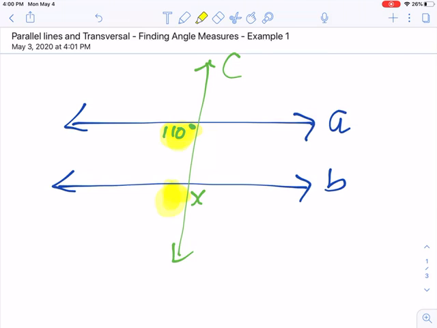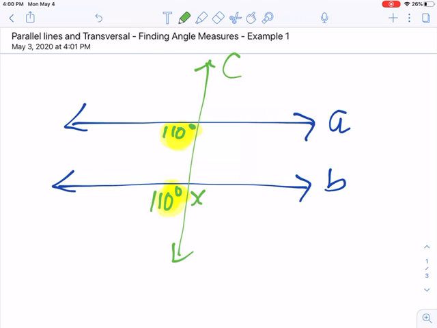Look at how 110 is sitting underneath the parallel line, and this is also sitting underneath the parallel line. I don't know X, but I do know the angle adjacent to X, and that angle is also 110 degrees because it's corresponding to the angle that we know.